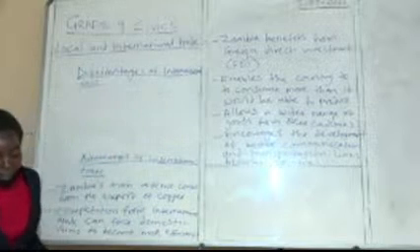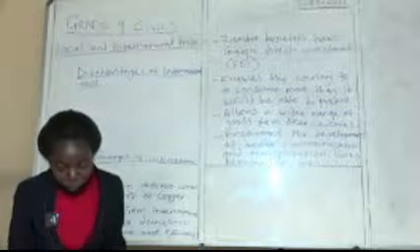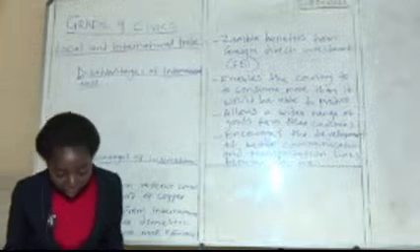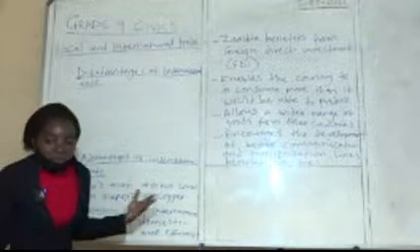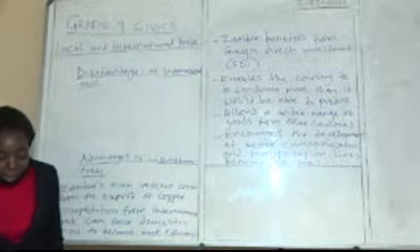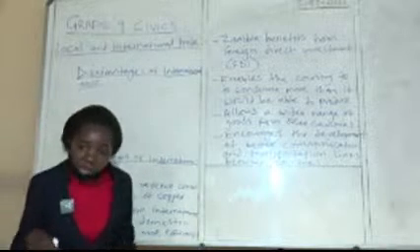So I say international trade and demand for cheap products have made nations like Zambia a dumping ground for second-hand goods. For example, vehicles. Zambia imports second-hand vehicles from Japan.